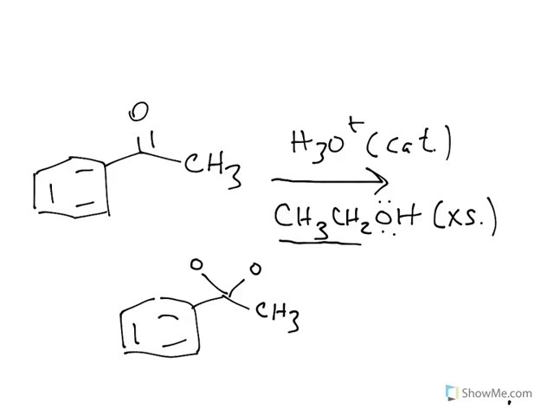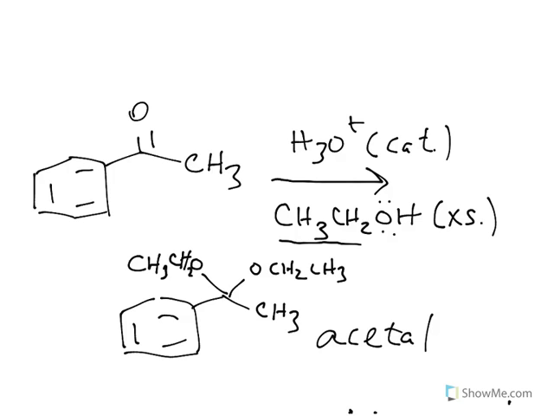It's the ethyl group. So this would be CH2CH3, and over here we have CH3CH2. There's our two R groups. And this is making, of course, the acetal.